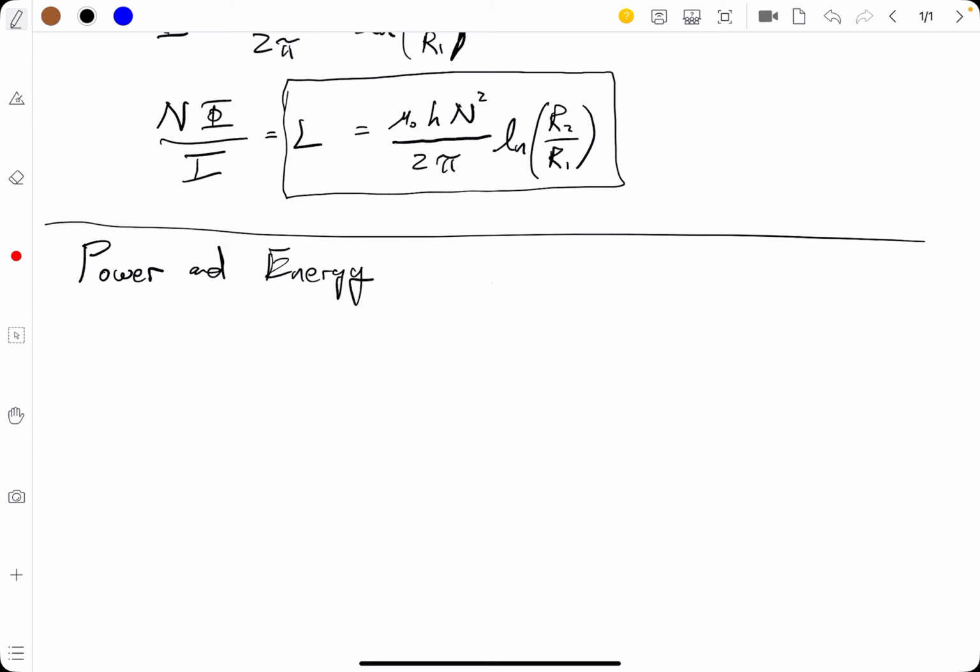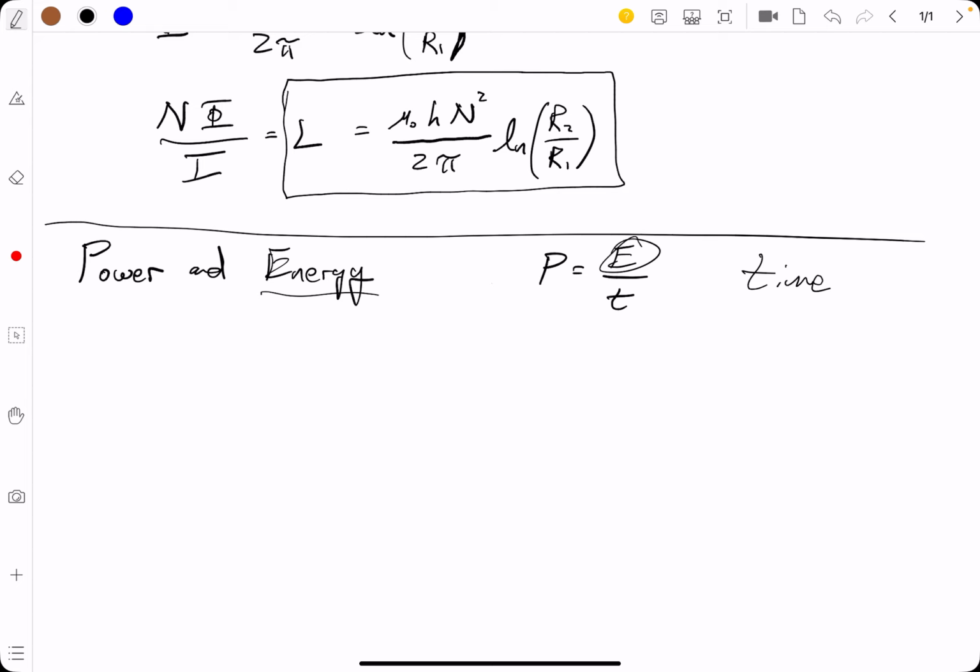Well, first of all, everybody knows power is the amount of energy per time. All right, so we'll probably look at energy first, right? We'll figure out what this is, and then everybody knows what time is. Well, everybody thinks they know what time is, so we'll put time in and get our power.